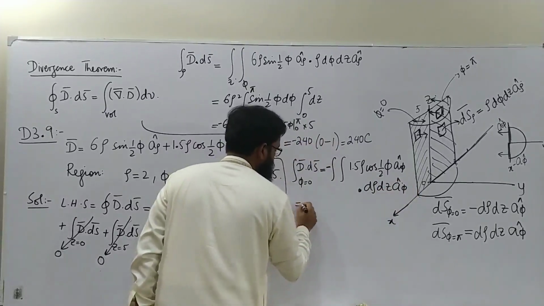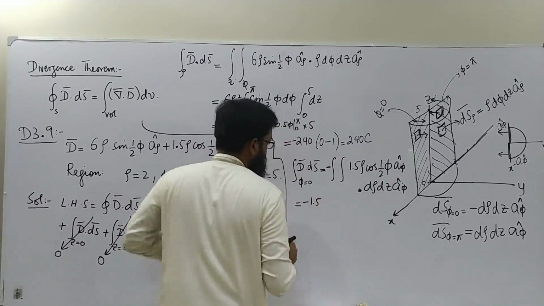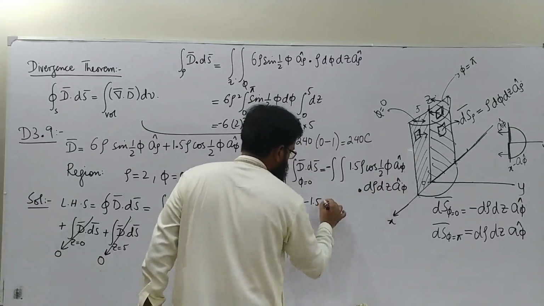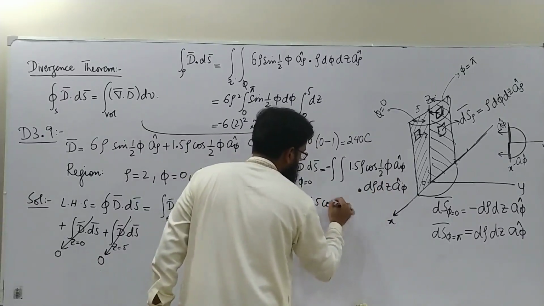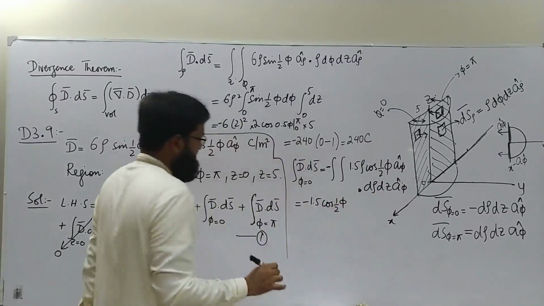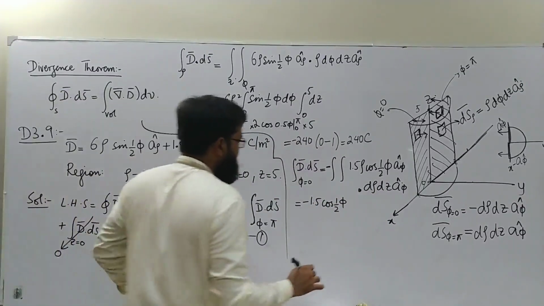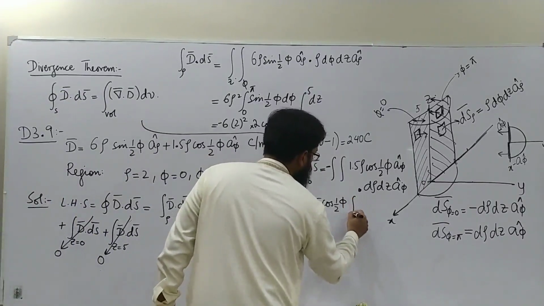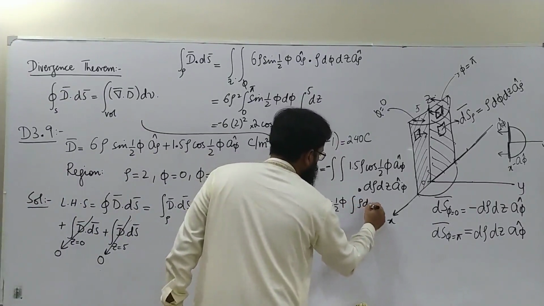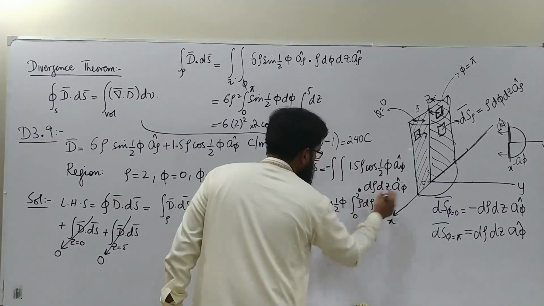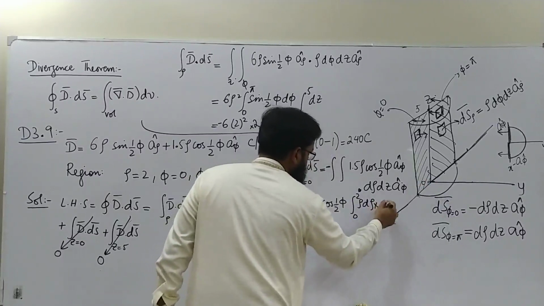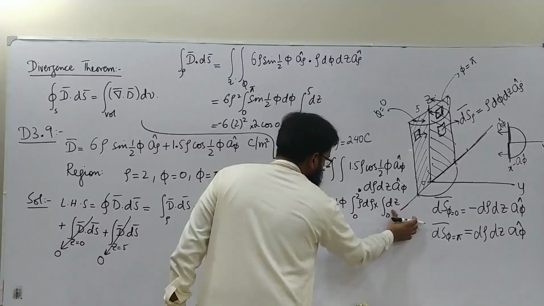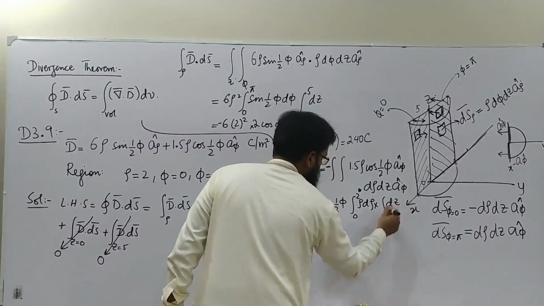So now take the constants out, minus 1.5, and now the variables are phi, rho and z. Phi is constant. So the integral of rho d rho from 0 to 2, multiplied by the integral of dz from 0 to 5.